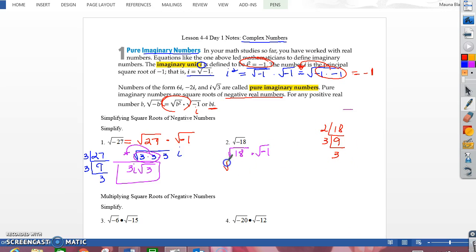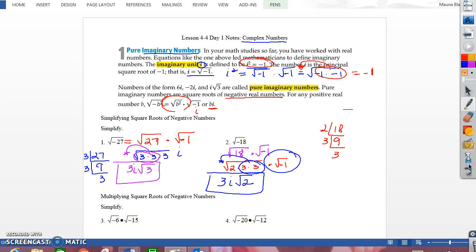So for the square root of 18, I have 2 times 3 times 3 times the square root of -1, which we know is going to become i. I bring a pair of 3's out, so I have 3i coming from here, and there's a 2 left under my radical. Okay?